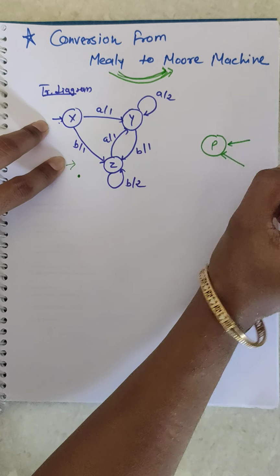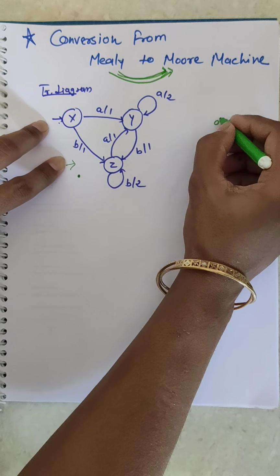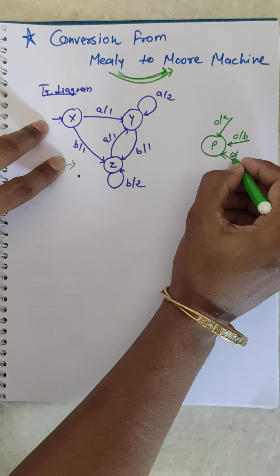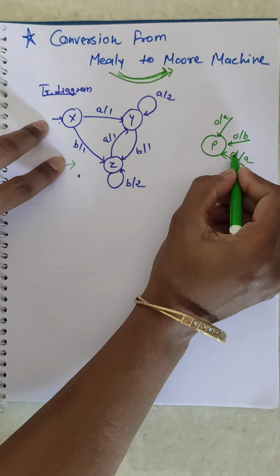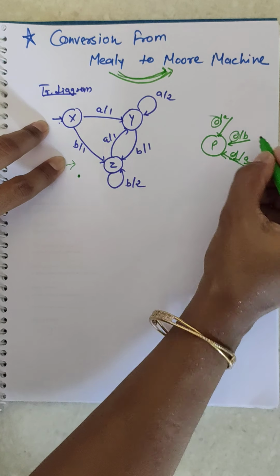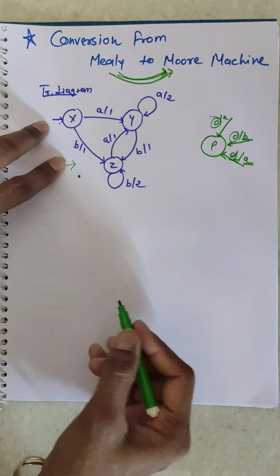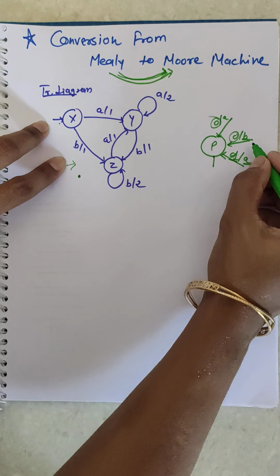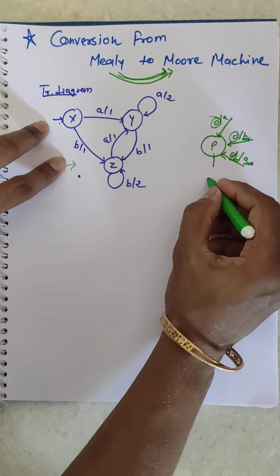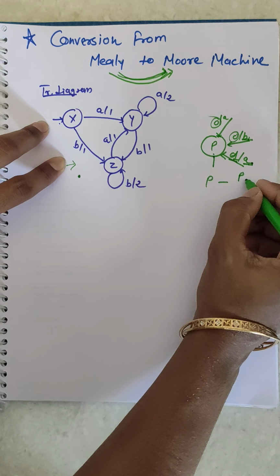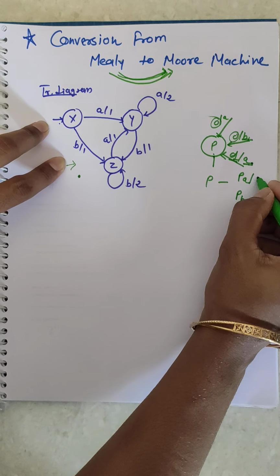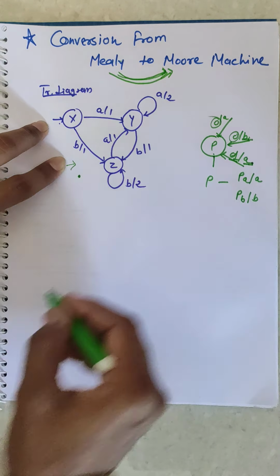There are incoming edges with different outputs. The input is any, but if the output is different, A, B, then we divide the state into a number of output states. Here there are two different outputs, so we divide this P into PA and PB. PA for output A, PB for output B.